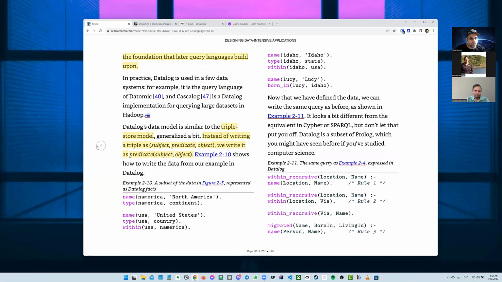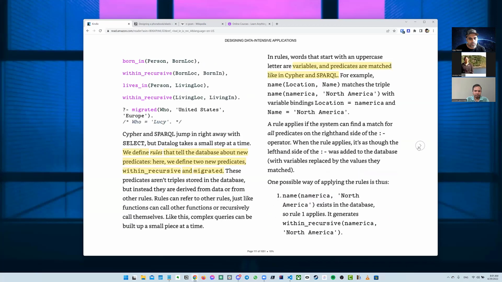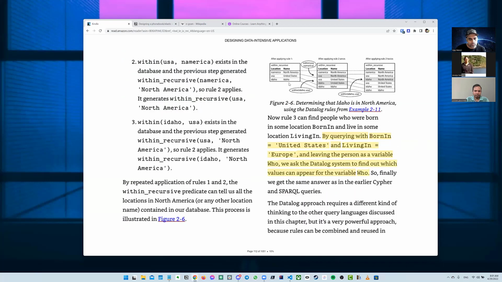So a question: in the diagram, the results for the first level Idaho and the second level Idaho, the vertices are different. Are they called vertices? Yeah, the vertices. There is an Idaho in the first level also, right?